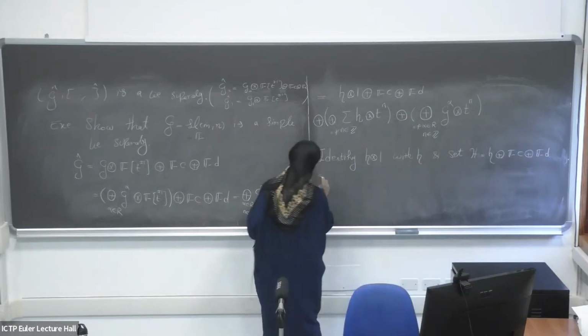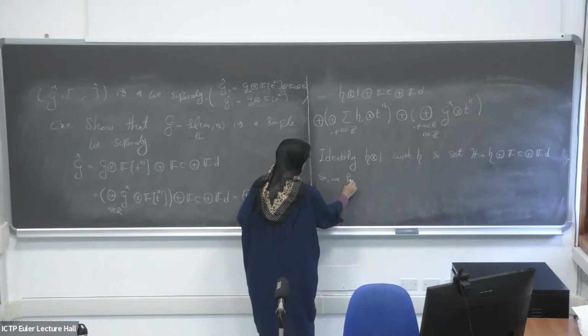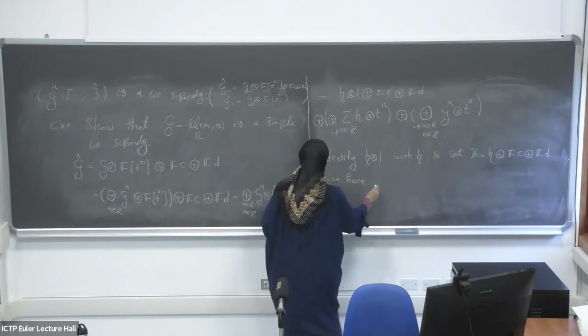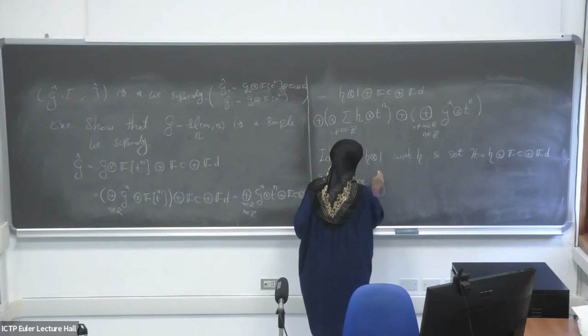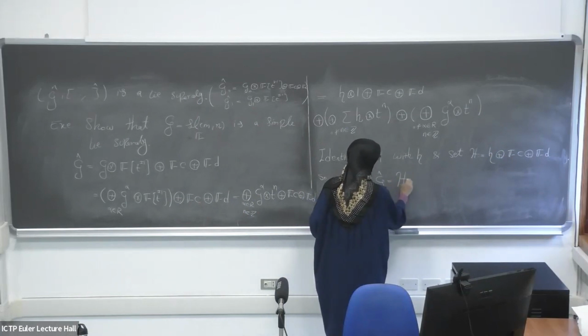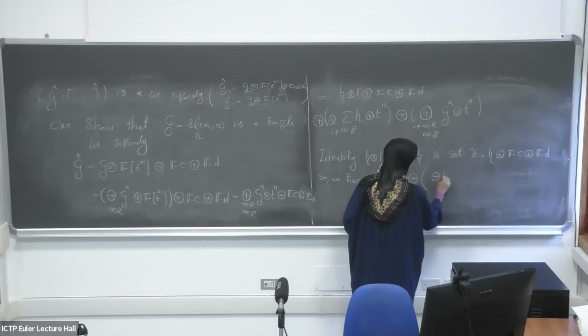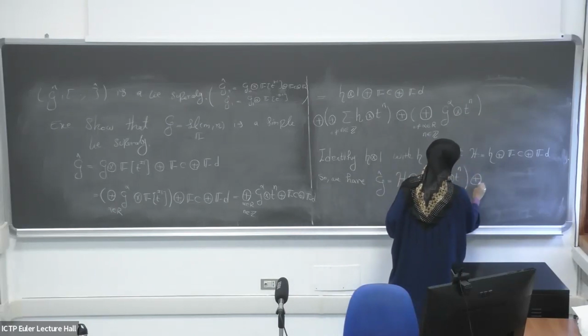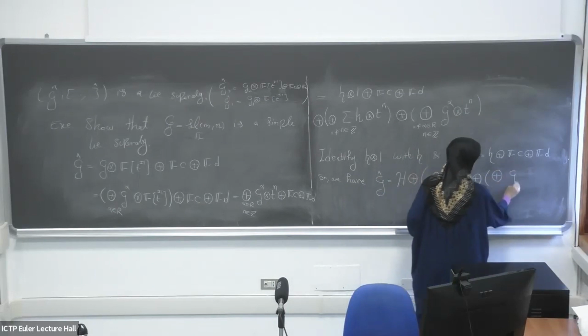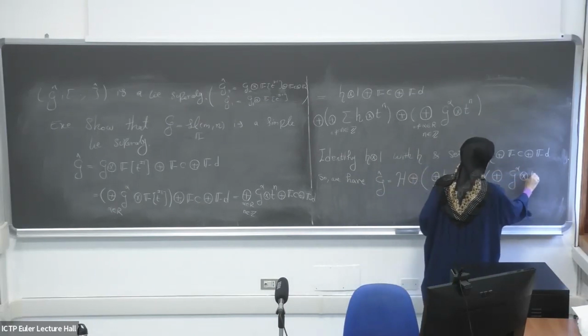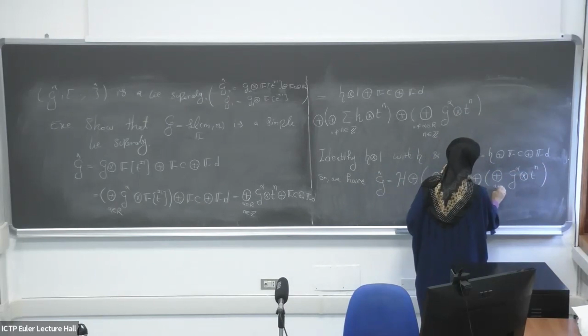So we have G hat equals H hat direct sum H tensor Tn when n is not 0, direct sum G alpha tensor Tn, where alpha is an element of R but not 0, and n is an element of Z.